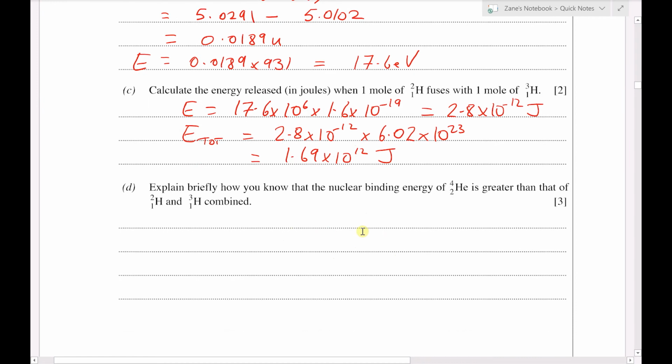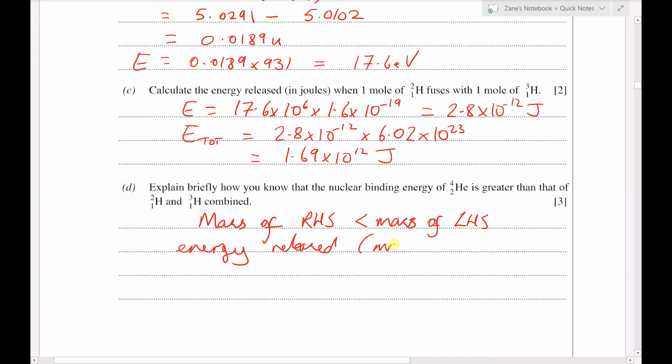And finally, we're going to explain briefly how we know that the nuclear binding energy of the helium is greater than that of the deuterium and tritium combined. Well, we've already shown that the mass on the right hand side is less than the mass on the left. So energy is released, or if you like, more binding energy must be on the right hand side.